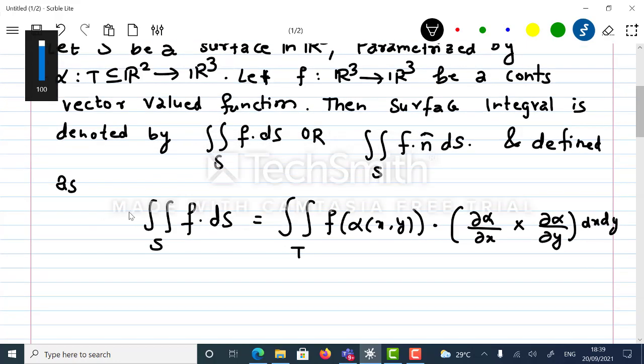This is also called surface integral over S f dot n cap dS.